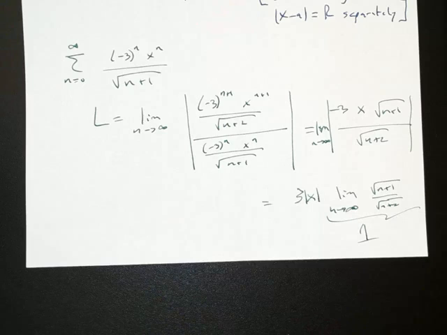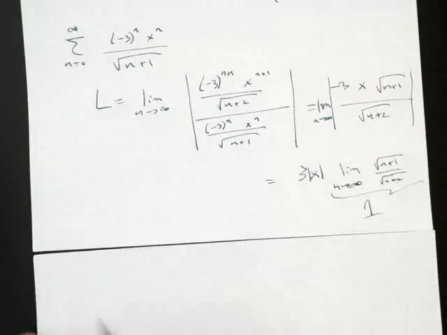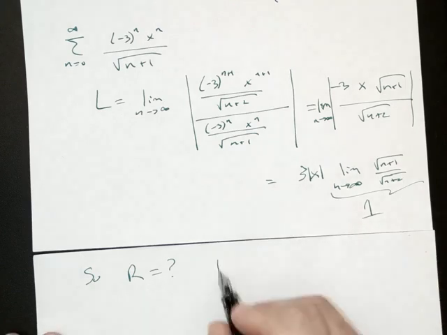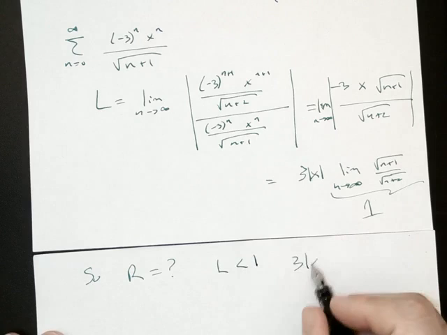So what's the radius of convergence? Where does this converge? Ooh, careful. I want L to be less than 1. So I want 3 absolute value of x to be less than 1.